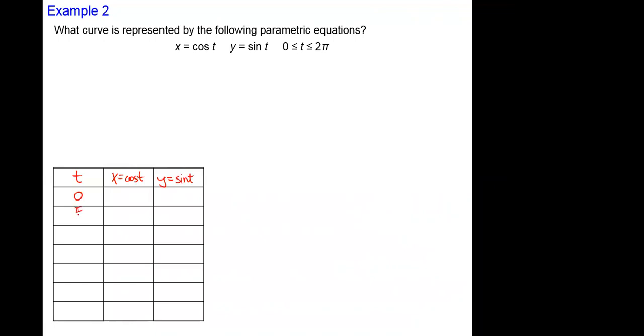Let me put pi over 4, pi over 2, 3 pi over 4, just pi, and then 3 pi over 2, and 2 pi.